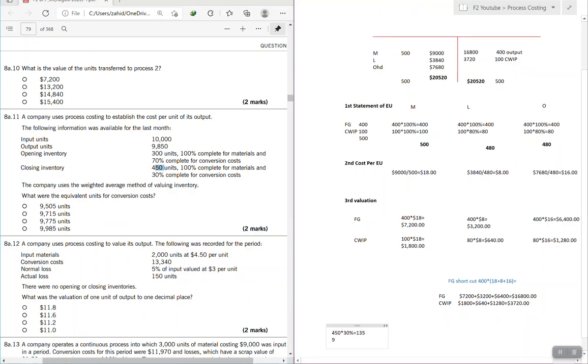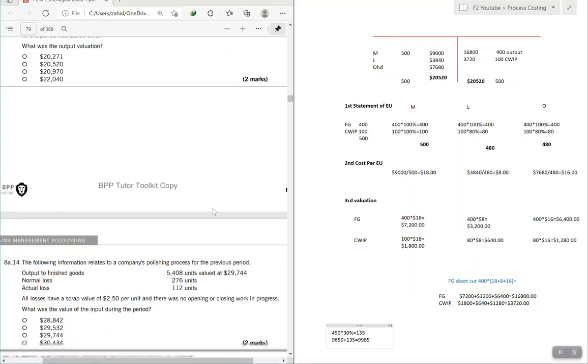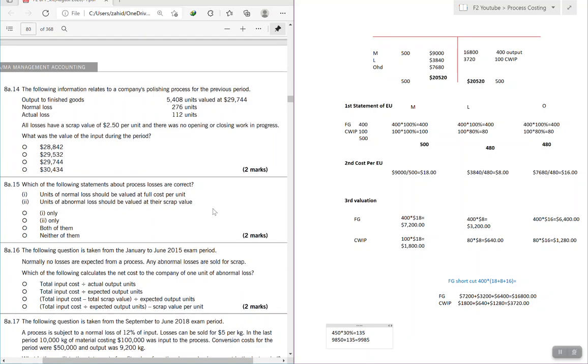So 9850 plus 135, 9985. So whatever is specifically asked in that question, answer that specifically. You don't have to prepare the whole format. So this is it for process costing part 2. We have part 3 remaining, which is byproducts and main products.